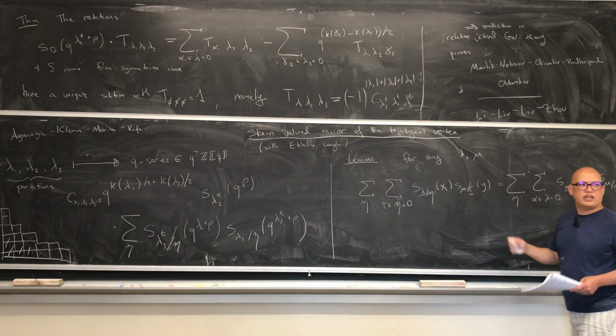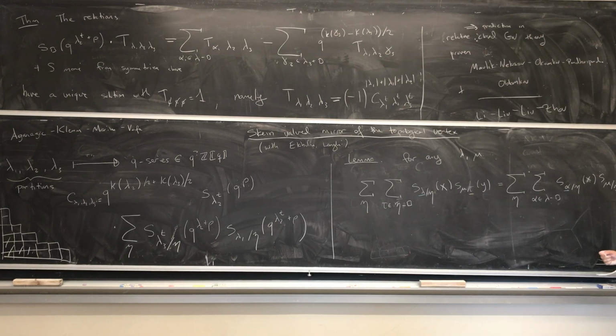Some kind of exchange of who gets raised and who gets lowered. The basic reason why it's true: you check this identity by just plugging in the rule for raising or lowering a partition by 1, which is that you just sum over all the ones that are 1 bigger or 1 smaller. You plug that in and check, and it's true.